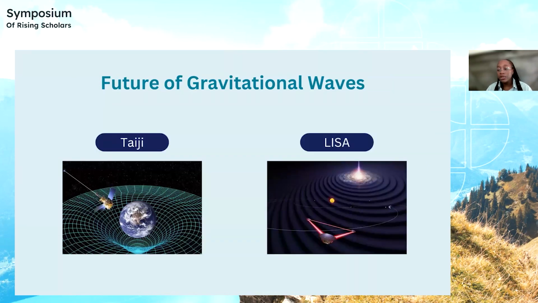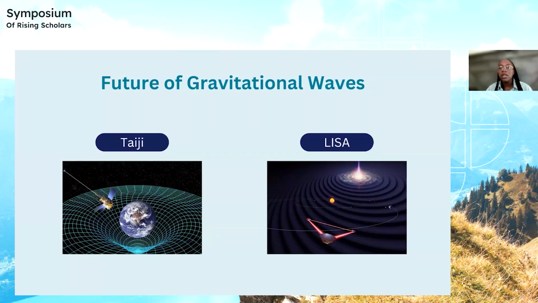So, the future of gravitational waves. Because the topic itself is really new, there is still a lot of room for improvement. So, NASA has been working on a new gravitational wave observatory in space called LISA, or the Laser Interferometer Space Antenna, which will be able to detect gravitational waves of a longer wavelength than LIGO, which opens us up to more sources.